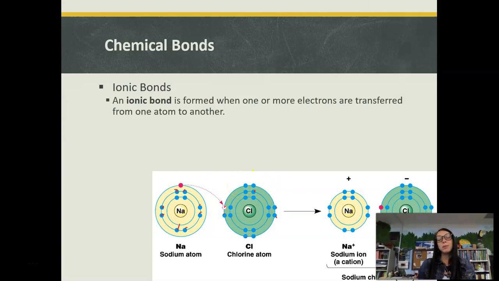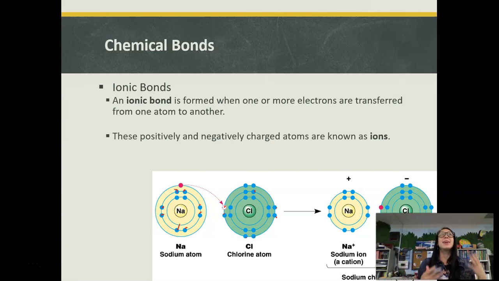One thing you have to keep in mind is if we start exchanging electrons, we're going to change the charge of the atom. So remember, both sodium and chlorine are at this point in time neutral because they have the same number of electrons as they do protons. Sodium has a total of 11 electrons and chlorine has a total of 17 electrons.